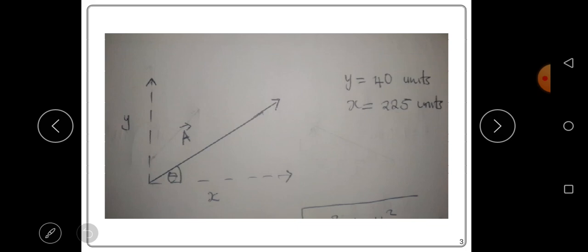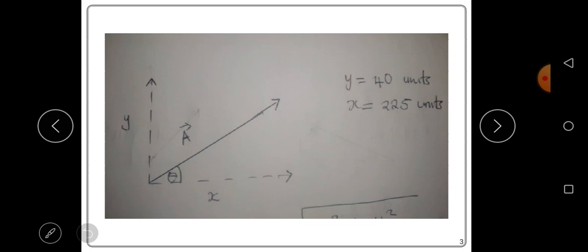From the information we have been given, since the x component is 225 and it is positive, it means that the x component of this vector is in the positive x axis direction. If you also look at the y component, it's positive, meaning it's going in that direction.